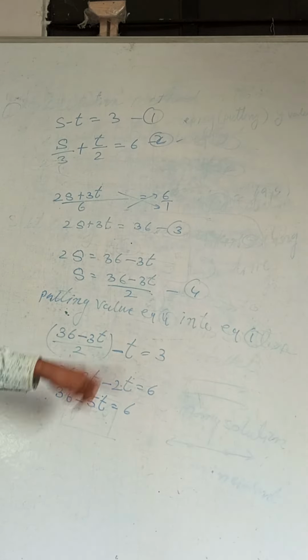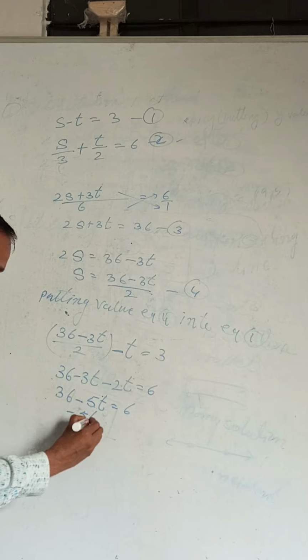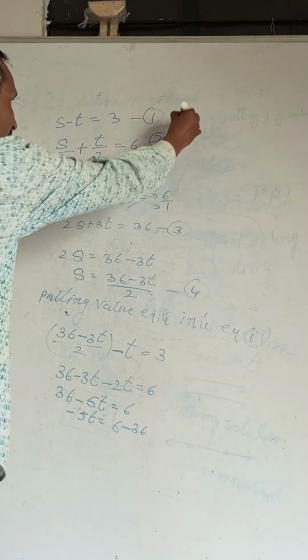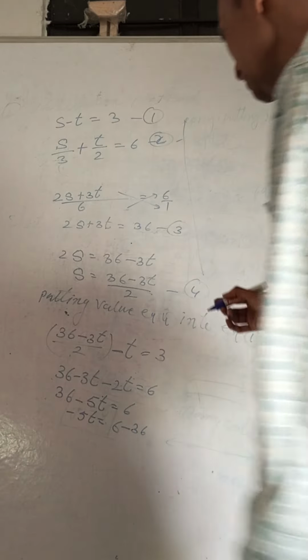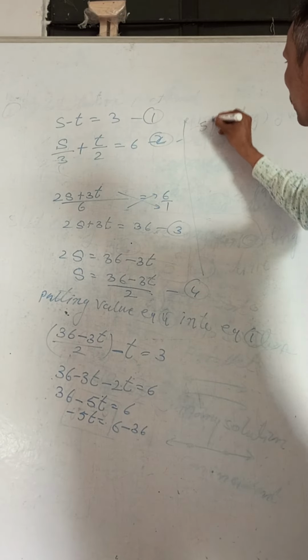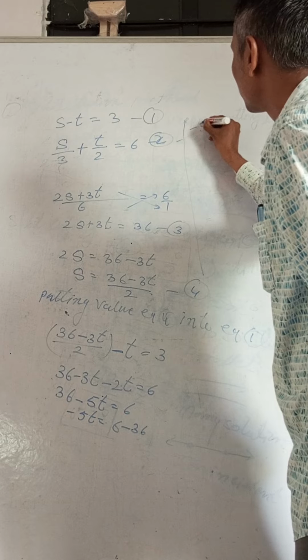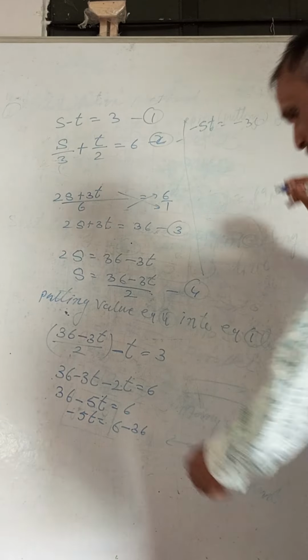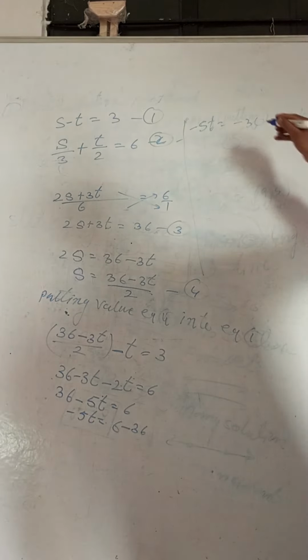Now this number we take to the other side, so minus 5t is equal to 6 minus 36, which is minus 30.